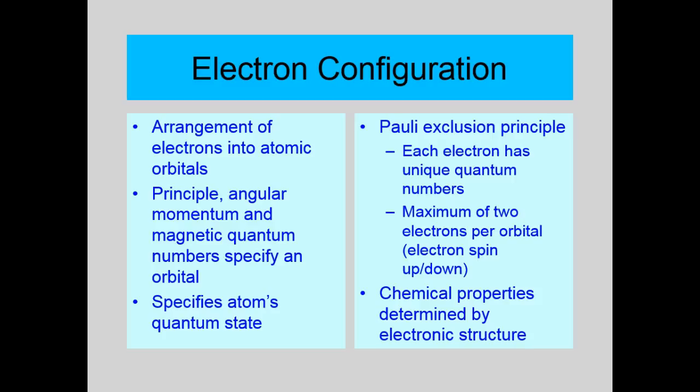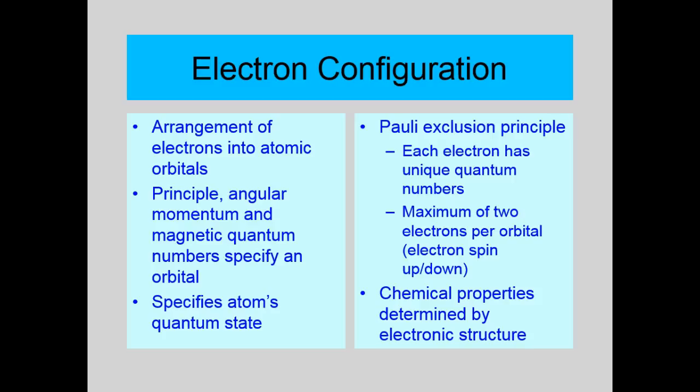And the chemical properties are determined by the electronic structure. So again, the arrangements of the electrons basically defines how the elements are placed in the periodic table.